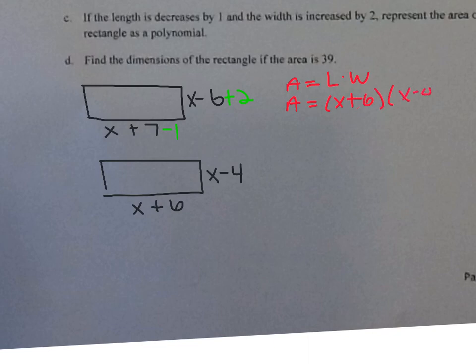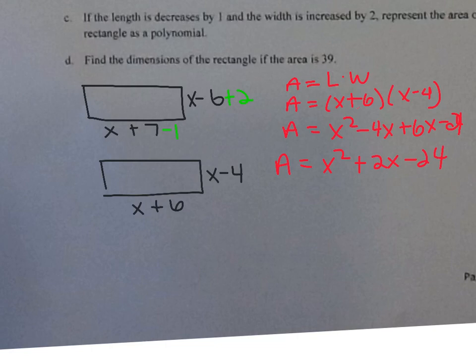All right, so we're going to double distribute. So x times x is x squared. x times negative 4 is negative 4x. 6 times x is 6x. And 6 times negative 4 is negative 24. So we'll clean it up. Area is equal to x squared plus 2x minus 24. All right, that was C.